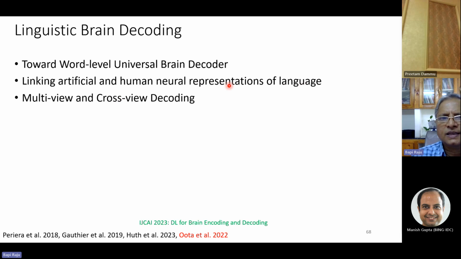One exciting example that I presented is the continuous language decoder that now generates continuous sentences, word sequences associated with brain activation. And the multi-view and cross-view decoding give you an idea that these decoders have a lot more representational power that can be used for multiple downstream tasks.